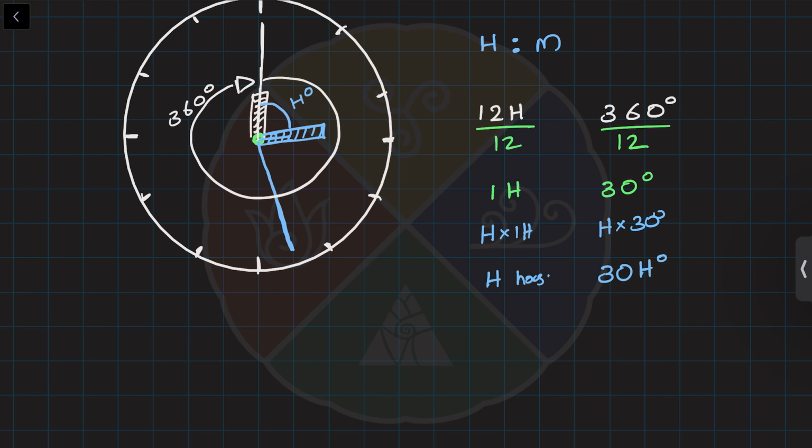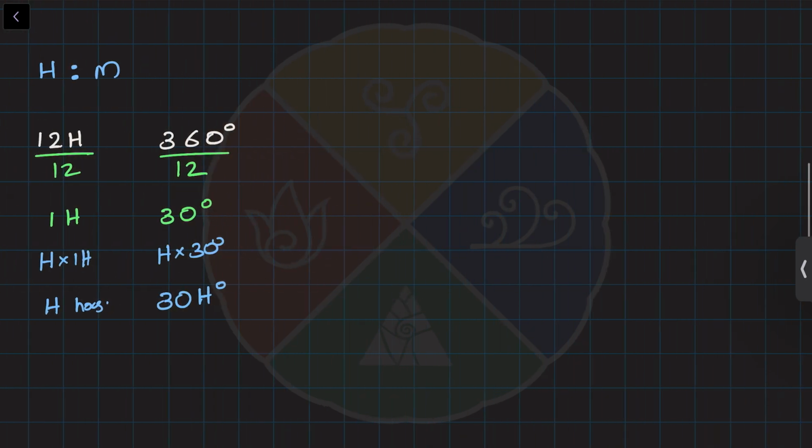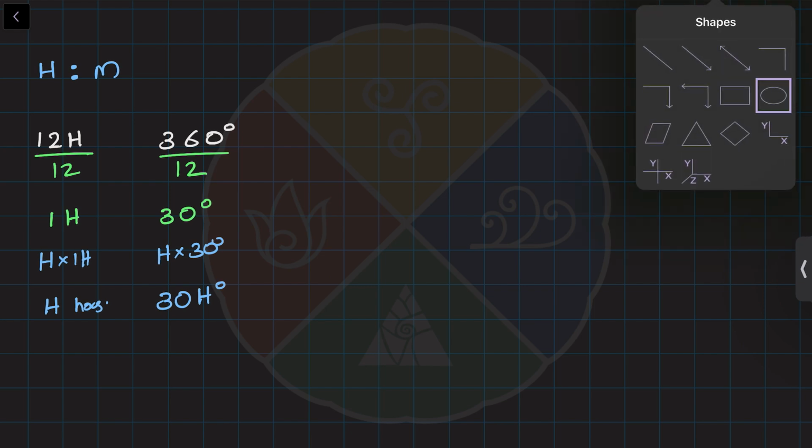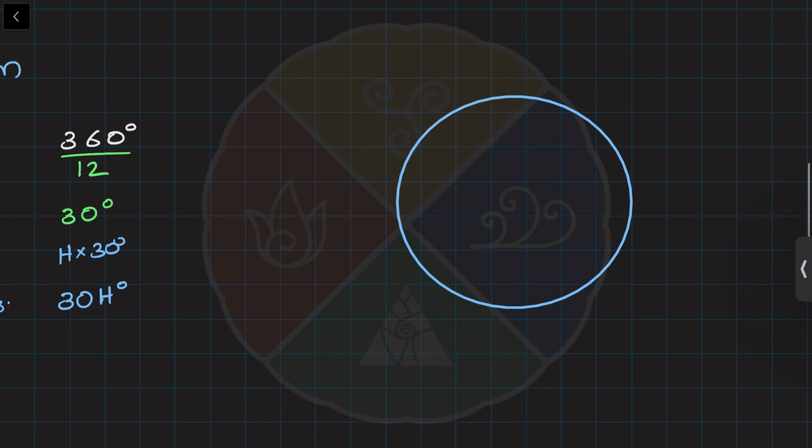But the hour hand does not move just because of hours. The hour hand is also influenced by the minute hand. Imagine a clock again, and let the time be exactly 12 o'clock.